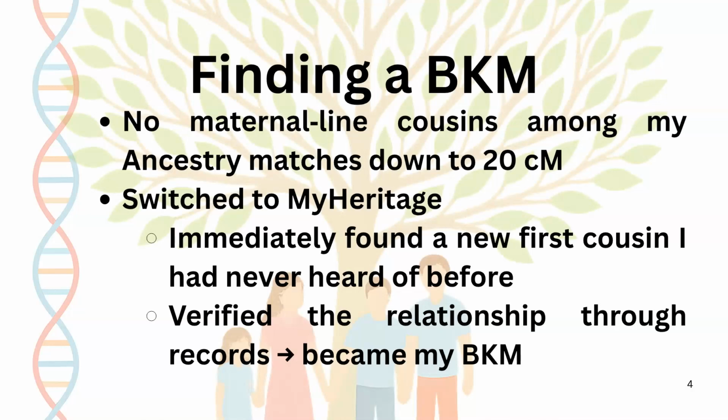That meant searching through my DNA matches until I found a person with a public tree who clearly shared an ancestor on the same line I'm investigating. Once I confirmed the genealogy and the DNA were aligned, that match became my best known match, the anchor I could use to interpret all the other matches in the cluster.